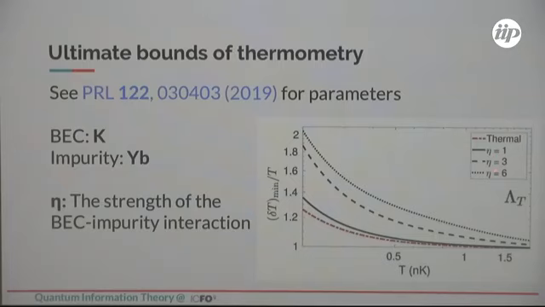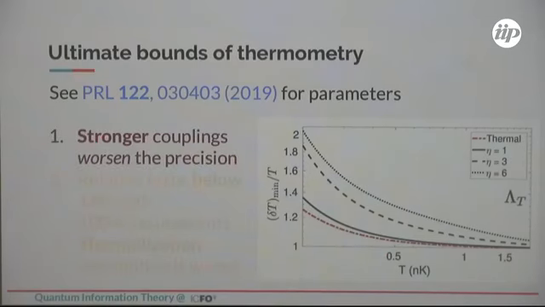For comparison, we also put a scenario where we assume that the impurity would have thermalized with the BEC. This is not happening, but it is just for comparison. The temperature range that we are looking at is from 200 picokelvin to 2 nanokelvin. Notice that this is a logarithmic scale.